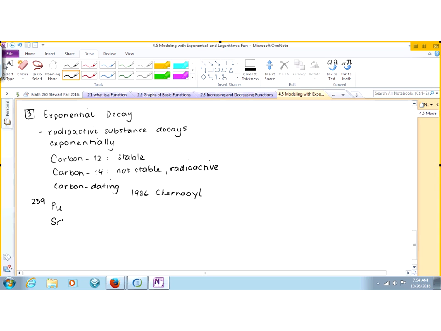This is the chemical. Plutonium? Yes, okay. So 239 Pu. This is radioactive, and this plutonium is very often used in nuclear power plants.